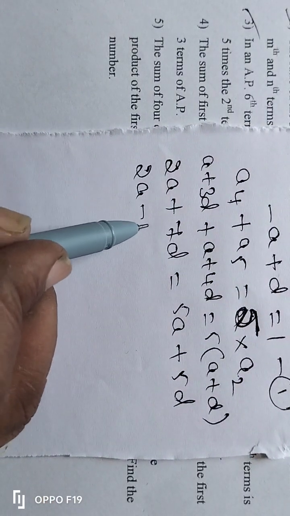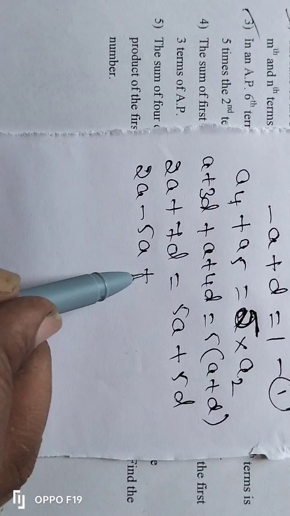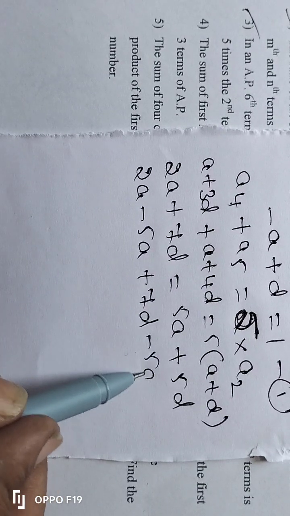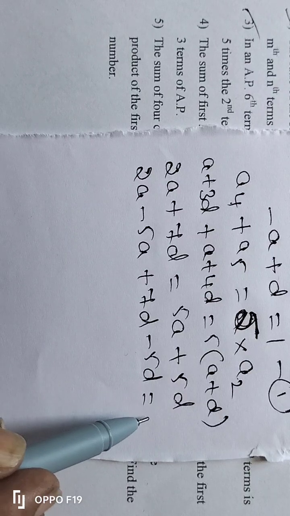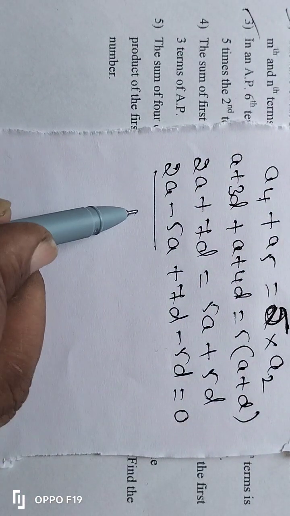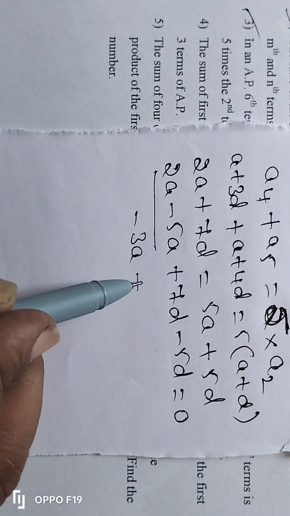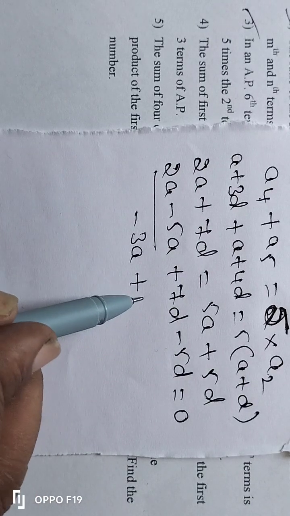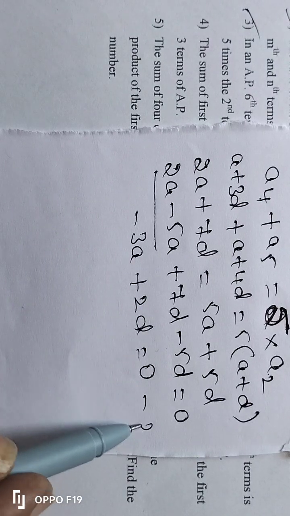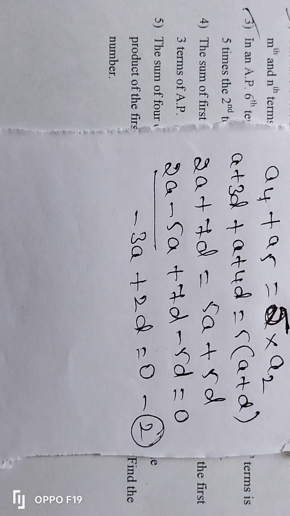So 2A minus 5A is minus 3A, 7D minus 5D is 2D, which is equal to 0. You call this equation 2.